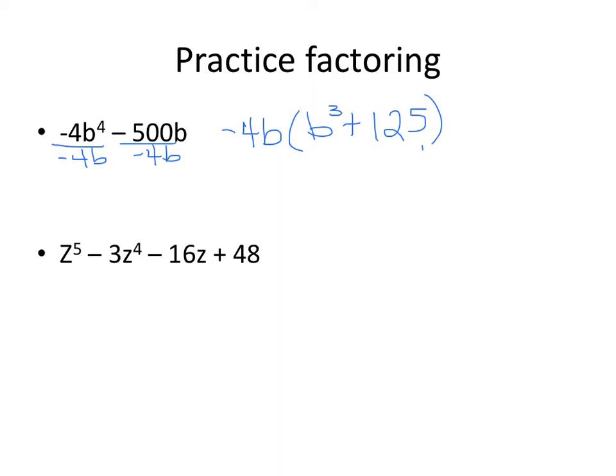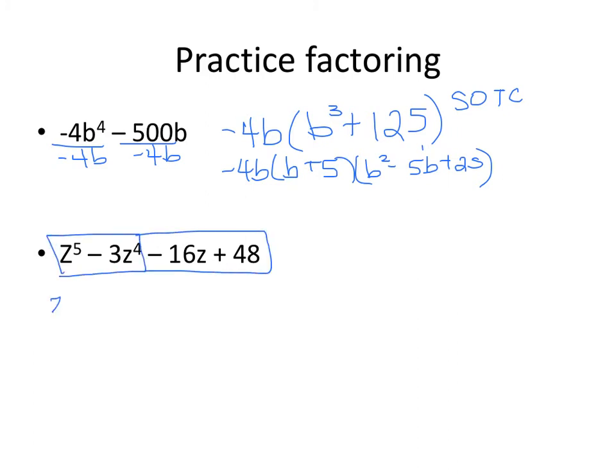So difference or sum of 2 cubes. So negative 4b, binomial, trinomial, cubed root of the first, cubed root of the second, square, multiply, square, same sign, opposite, always positive.